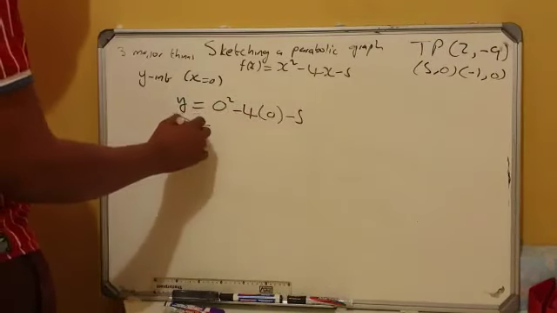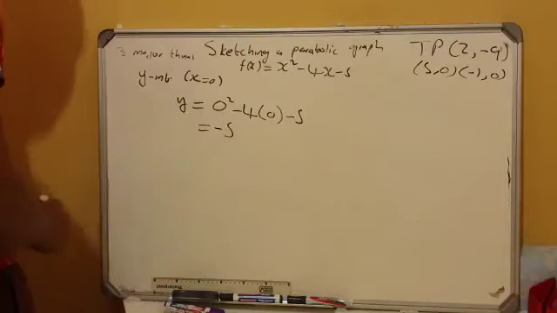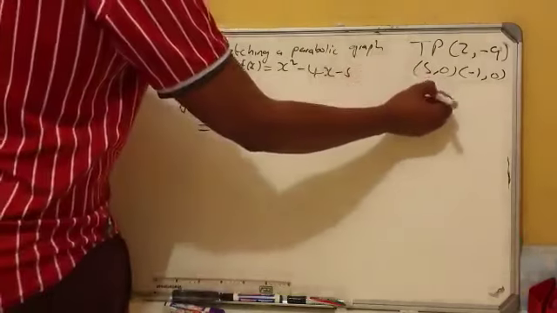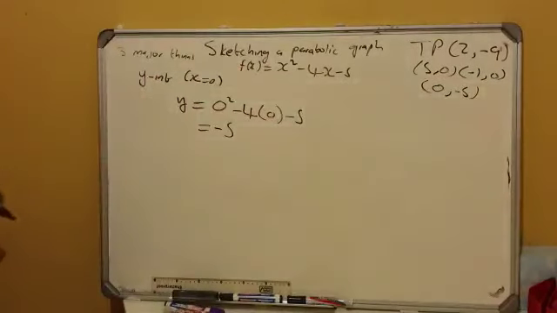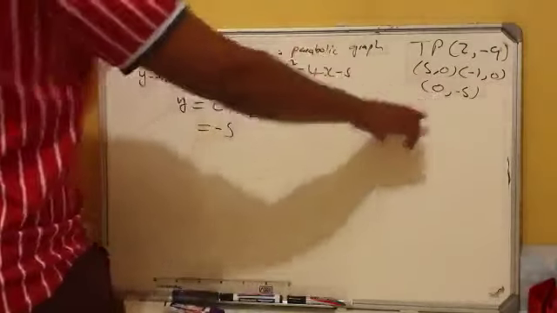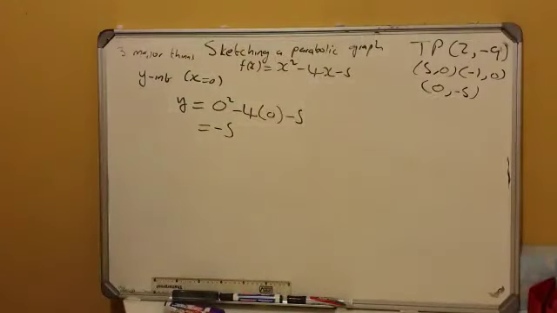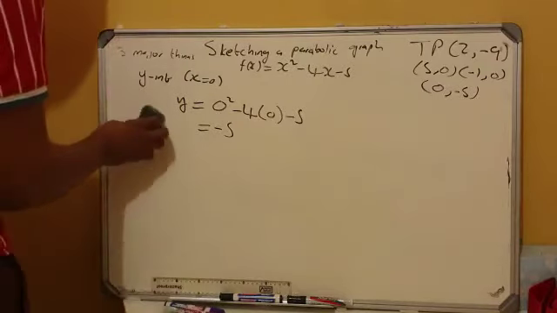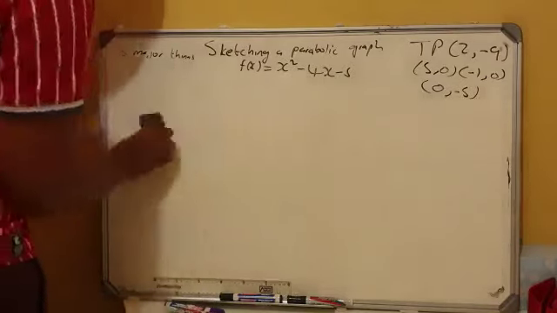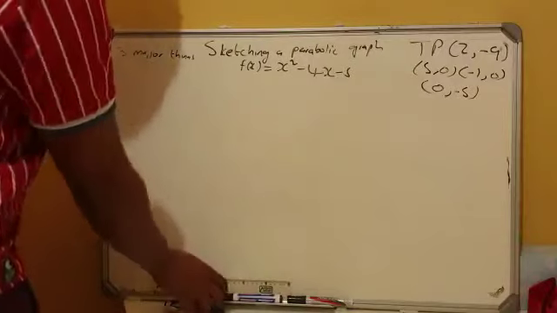So this is just minus 5, which means the point is 0 and minus 5. So you can see my 5 is on the y side of the coordinates. Alright, so I have all the things I need, and what is left is to plot the graph.